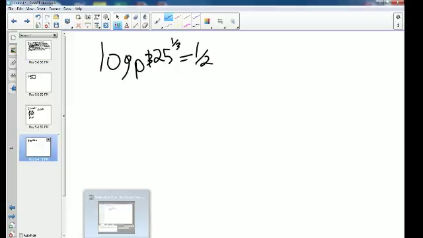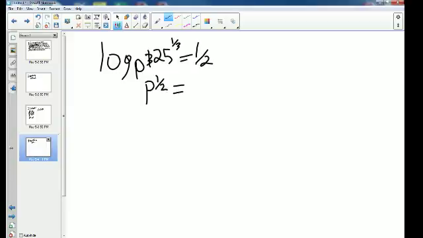We're going to do the same thing and convert this into p to the 1/2 equals 125 to the 1/3 power.